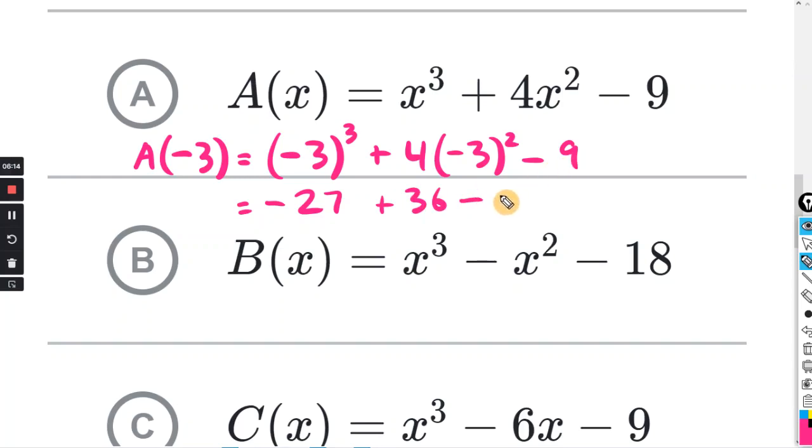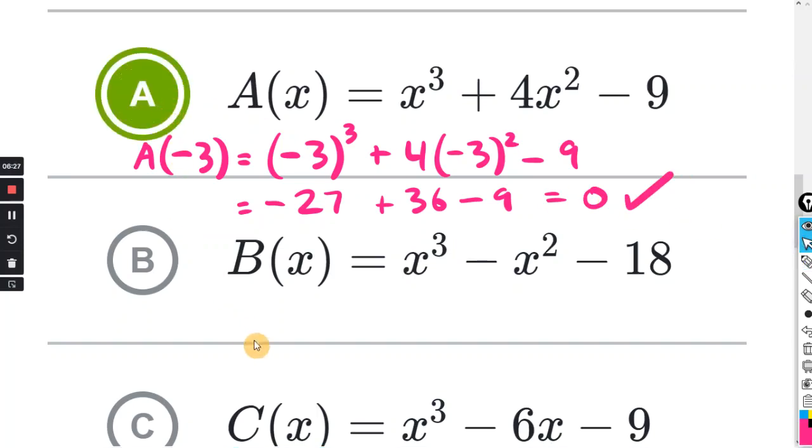And then minus 9. Let me see, -27 minus 9 is -36. Plus 36 is 0. That one checks out, and we will select answer A. And then we move on from there, doing the same thing.